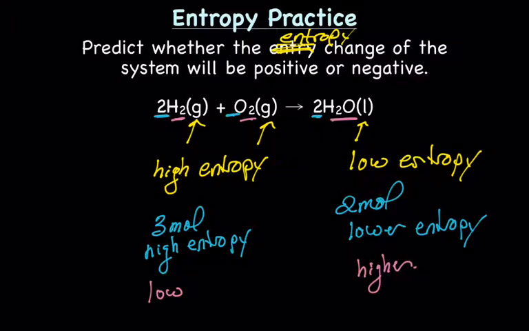But overall, what would you say? Going from reactant to product, would you say we're mostly increasing entropy or disorder, or decreasing it? I would say we are decreasing entropy, which means our delta S is negative.